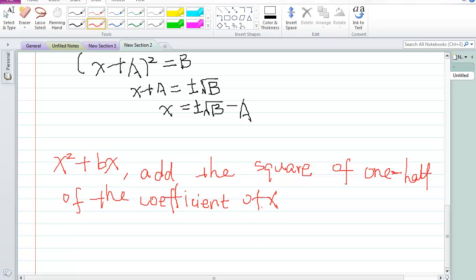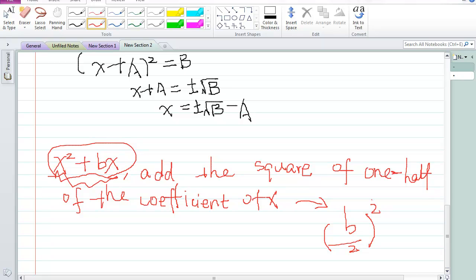That is, in this x squared plus bx, for this one, we will have b over 2, in parentheses, squared.